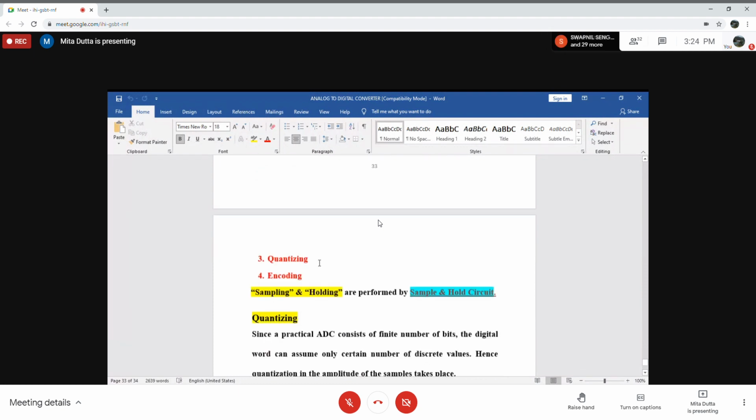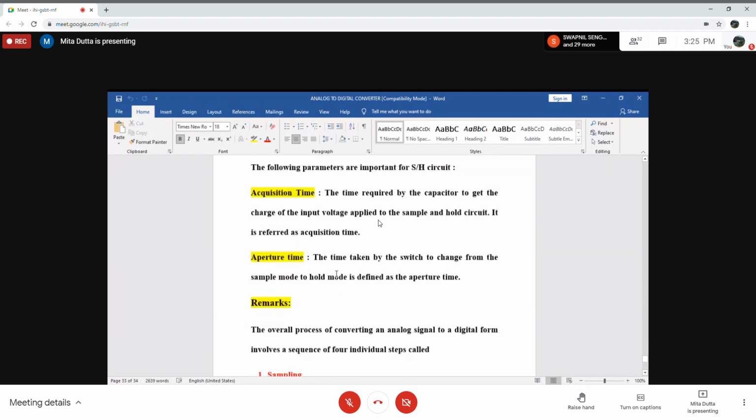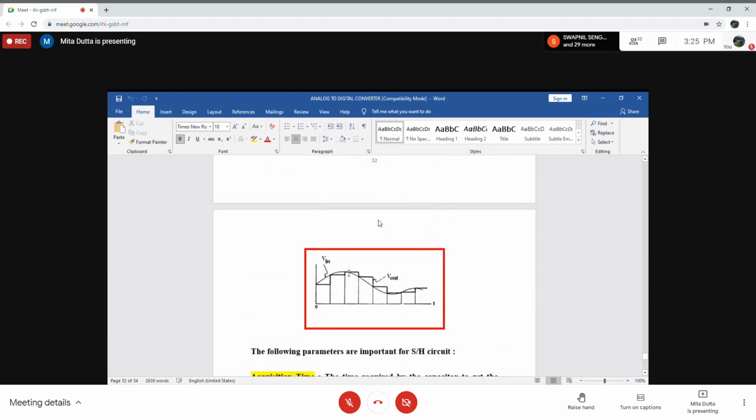In quantizing, this will be the analog voltage V out, which has a stepped waveform, and this stepped waveform is converted into a digital equivalent by using an A to D converter, and then we represent it in an encoding scheme.